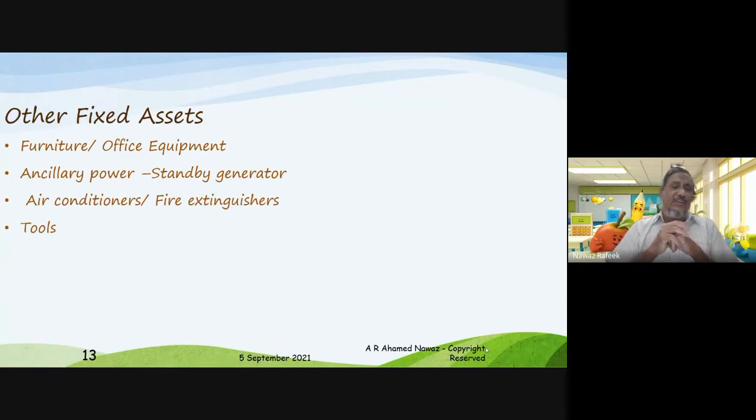Therefore, just check the date on the fire extinguisher. About the date, right? And secondly, where the fire extinguishers have been placed.